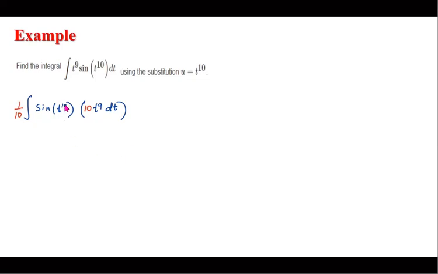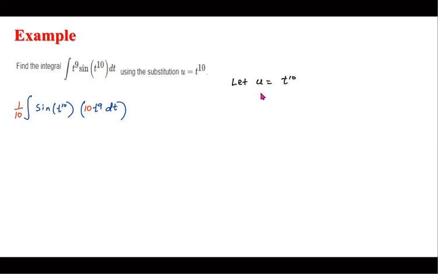U is always equal to this inside function. In this example, to make your life easy, they have already given U equal to t to the 10. Sometimes this condition will not be given, and in that case, we consider that inside function as U. So let's do that as side work here. Let U equal t to the 10.